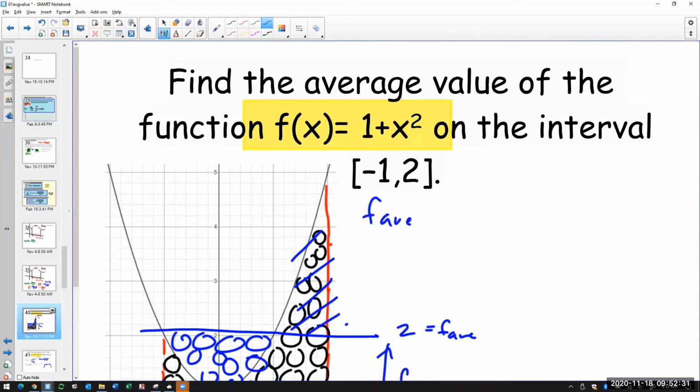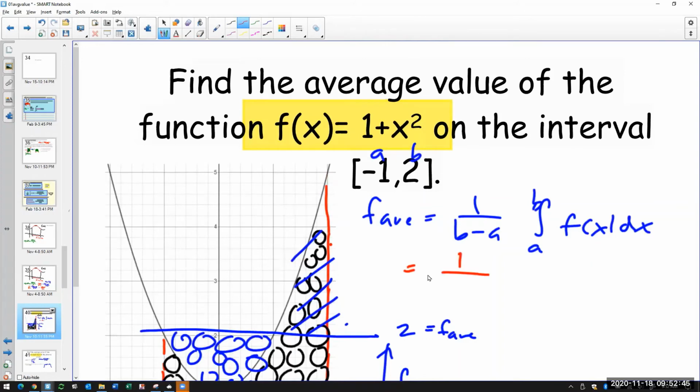Remember what average value is. F average equals 1 over b minus a, the integral from a to b of f of x dx. My a is going to be negative 1. My b is going to be 2. So this is going to be 1 over 2 minus negative 1, the integral from negative 1 to 2, f of x dx.